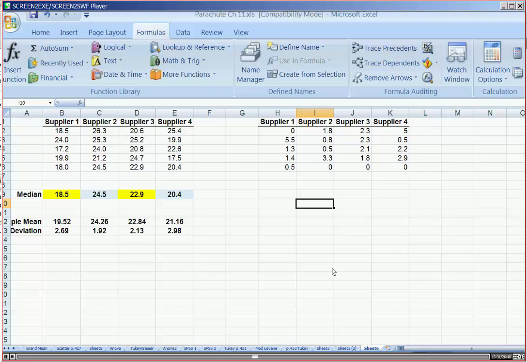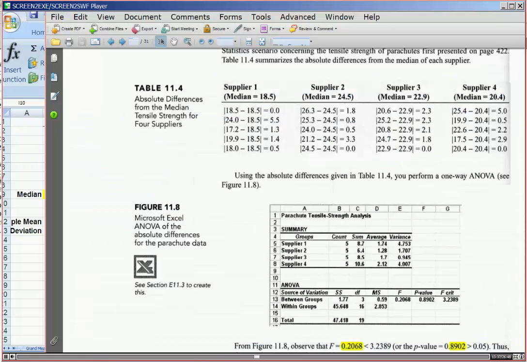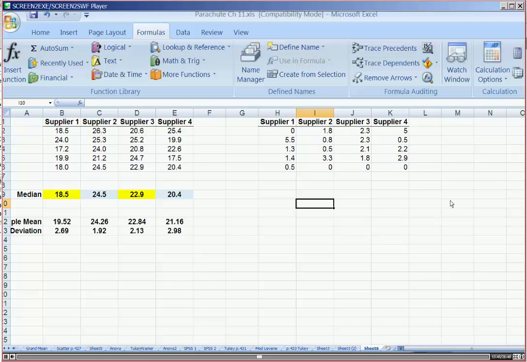Okay, I'm going to save this. Now 0, 5.5, 1.3, 1.4, 0.05. Do we have it? Yes, 1.8, 2.3, 2.2. Yes, we've got the correct table.